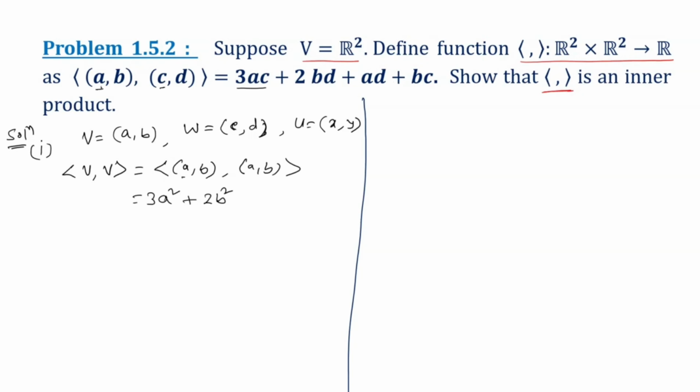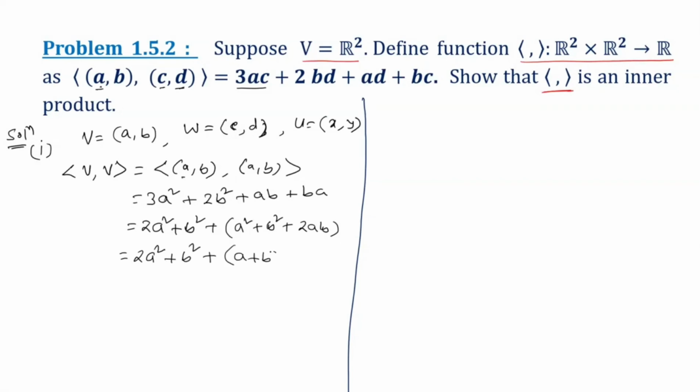Then ad means first and second, so it is ab, and in the same way bc becomes ba. We can rewrite this as 2a squared plus b squared plus a squared plus b squared plus 2ab. So this is equal to 2a squared plus a squared plus (a plus b) whole squared, which will always be greater than or equal to 0.